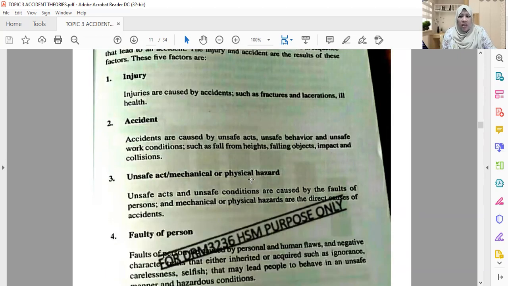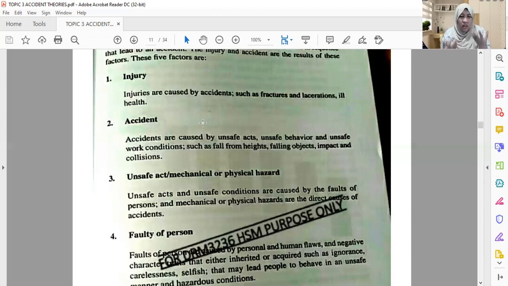Injuries, or in Malay, kecederaan, are caused by accidents such as fractures and lacerations, and ill health. It can be caused by an accident that results in broken bones, fractures, or lacerations, which are like abrasions, and to the extent that it can injure our body organs. And ill is of course sickness and also ill health.